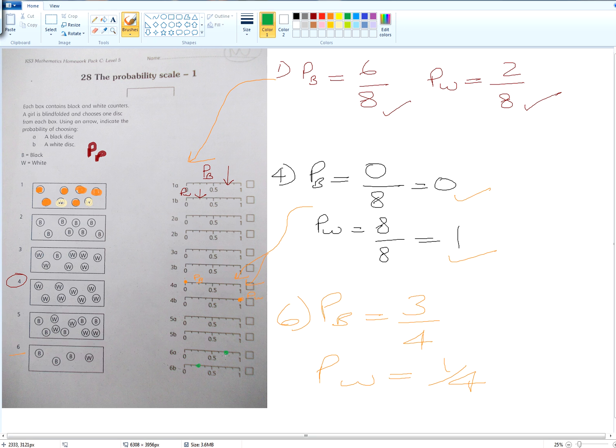So there's my 2 answers. The first one is the probability of the black, and the second is the probability of the white. Okay, you happy that I got those points on there? Yeah. I would like you to do now is complete the rest of that page for me, please. And then we'll go on to the scale 2.